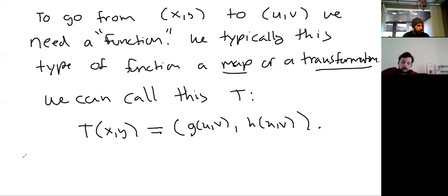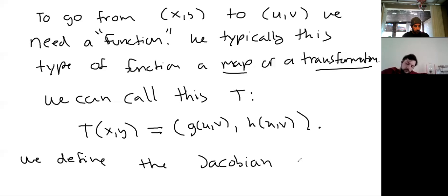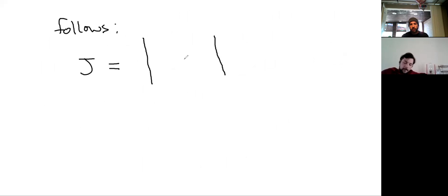And so we define the Jacobian as follows. J equals the determinant of a matrix. What is this matrix?